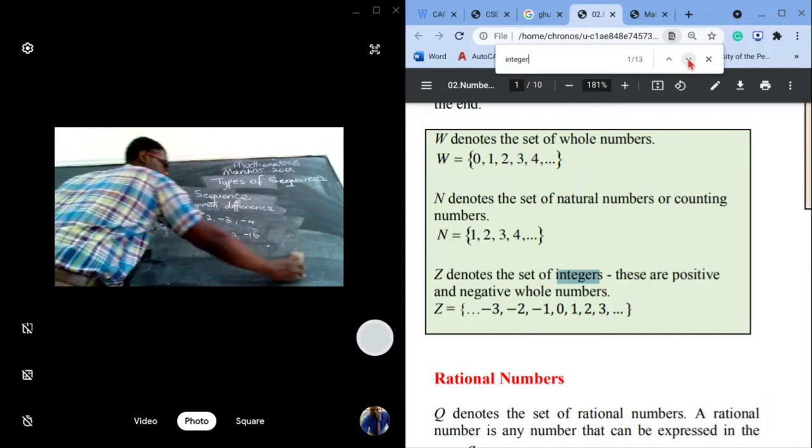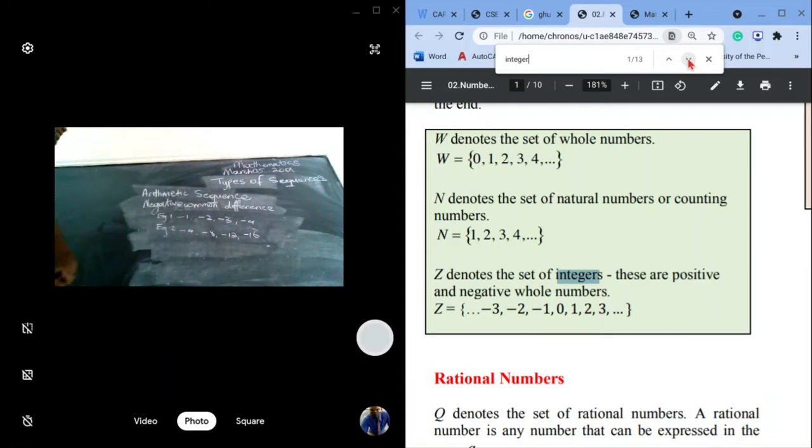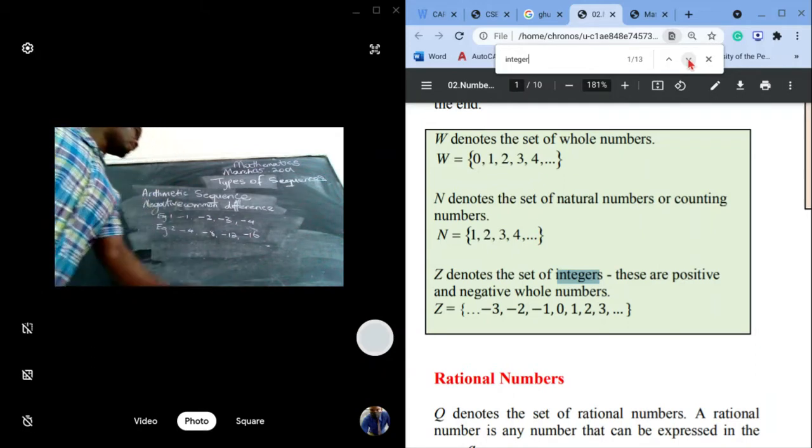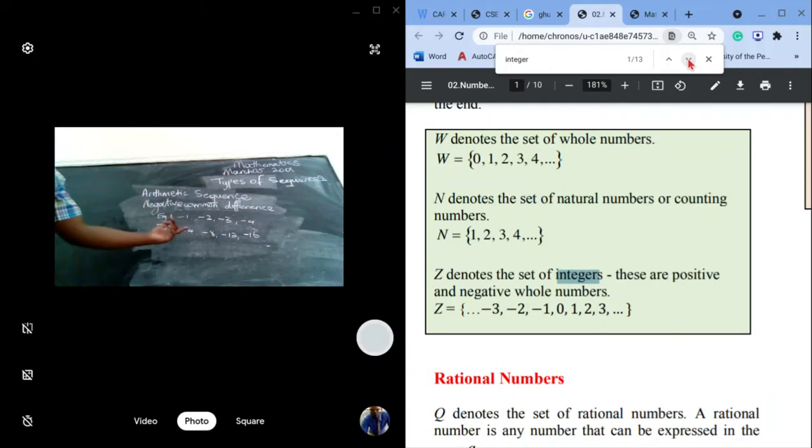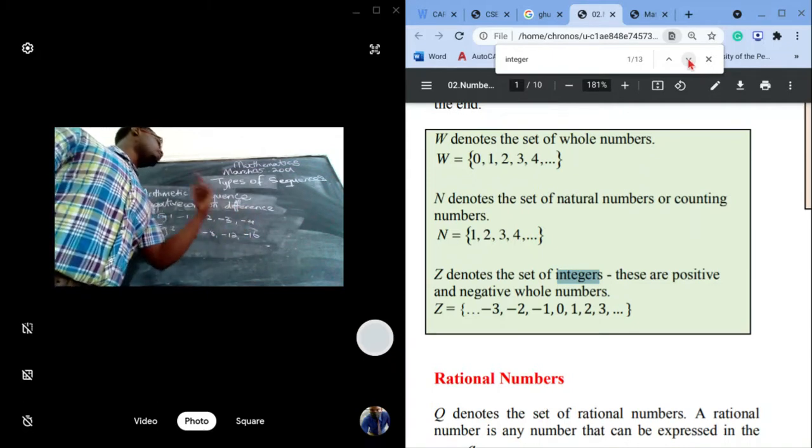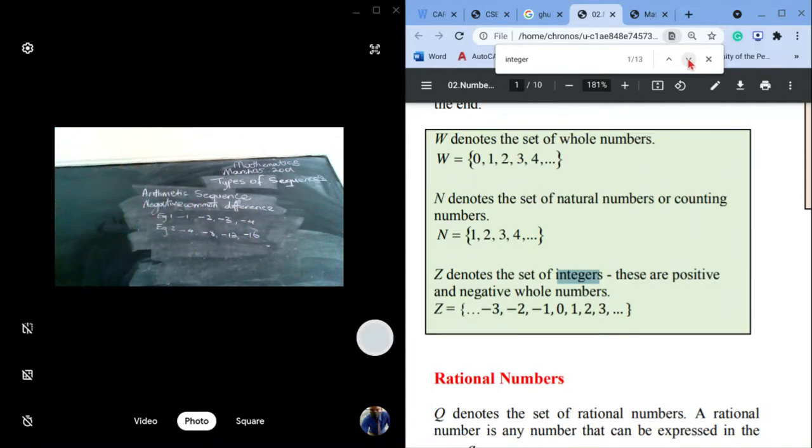Alright? Now, what is the rule for example 1? I'm going to give you 2 seconds to guess it. -1, -2, -3, -4. What is the rule to get to the next term? The rule is to subtract 1 each time, or add a -1. It's the same connotation.